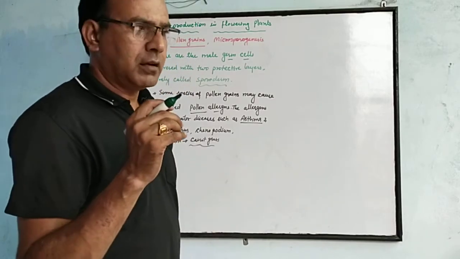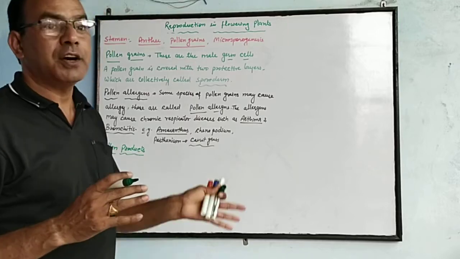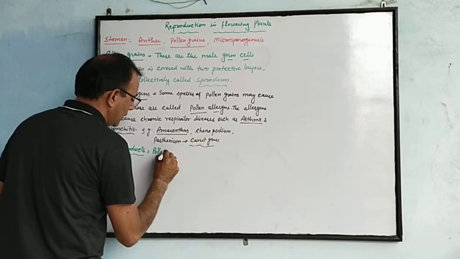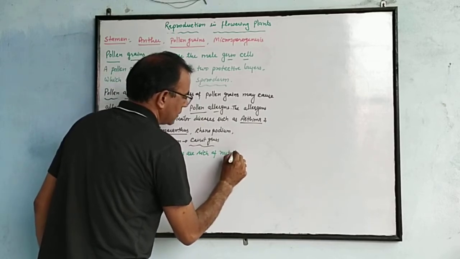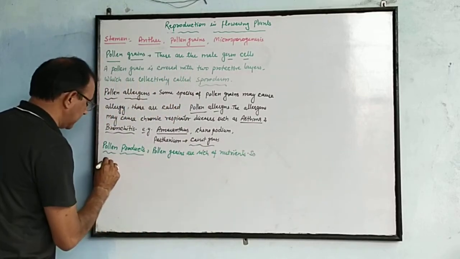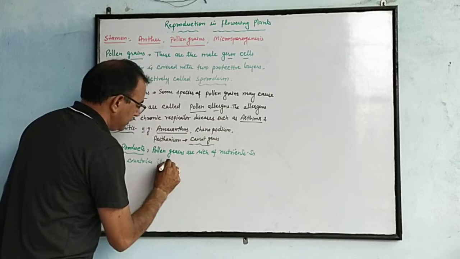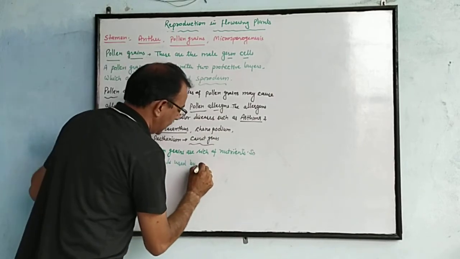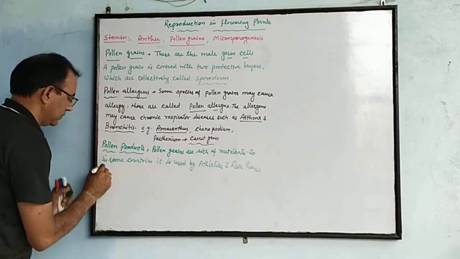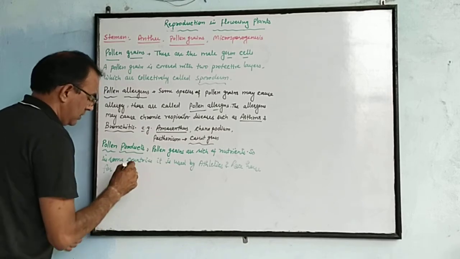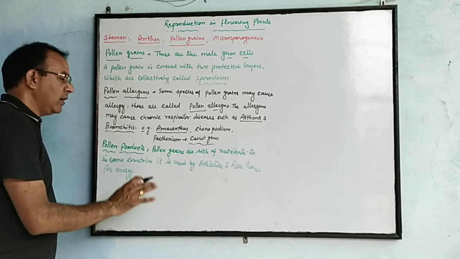So there are many tablets or syrups made from pollen grains, used by athletes and race horses for energy in some countries. So this is the pollen product.